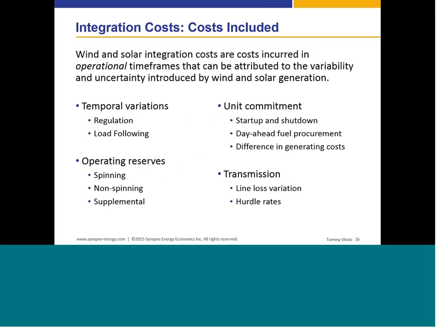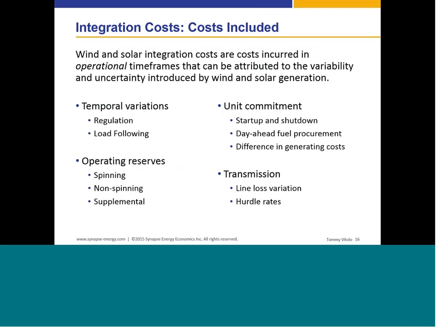So the kinds of costs we're talking about are costs associated with temporal variations, regulation and load following, making sure that at that minute-by-minute level, we really are putting just as much power on the grid as our customers are demanding, given that we now have to also balance the variability and uncertainty associated with wind and solar.